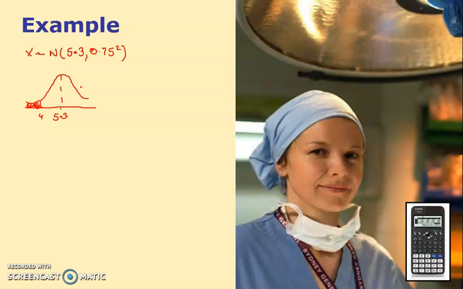First of all, I need my lower, which is minus 999, and my upper is 4. My sigma is 0.75. I've typed it in. It tells me, very low actually: the probability that x is lower than 4 equals 0.0415. So quite a low probability.